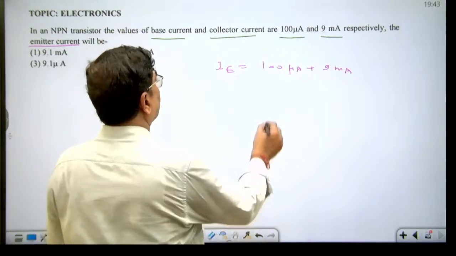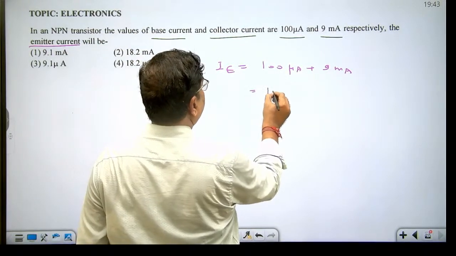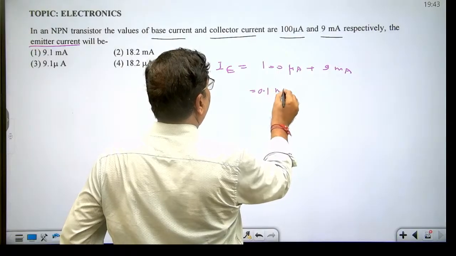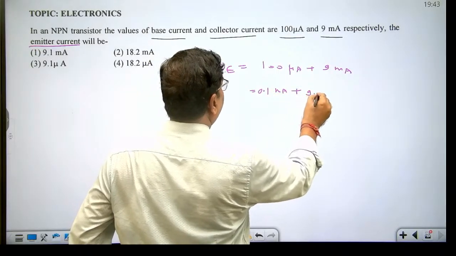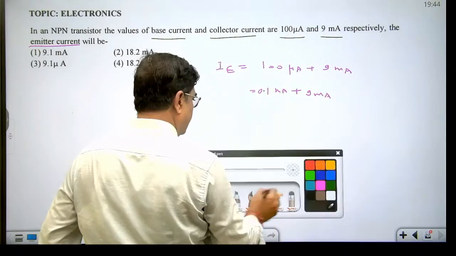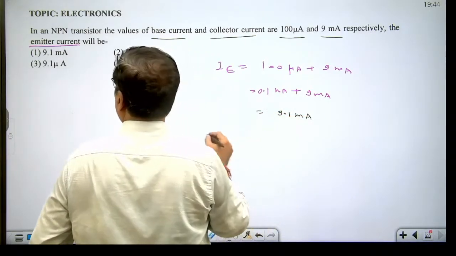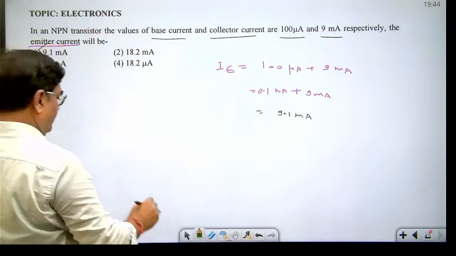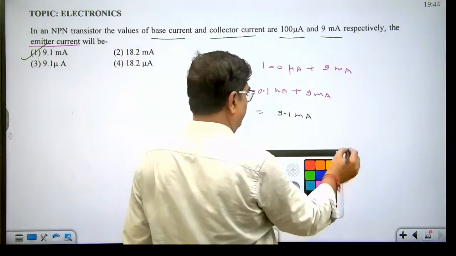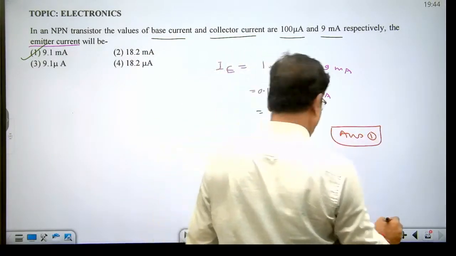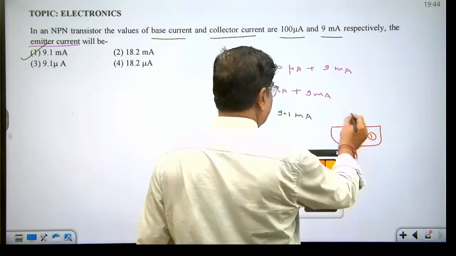So this is 100 microampere means 0.1 milliampere plus 9 milliampere. So correct choice is 9.1 milliampere. Out of 4 choice, the correct answer is option 1. Option 1 is the correct answer.